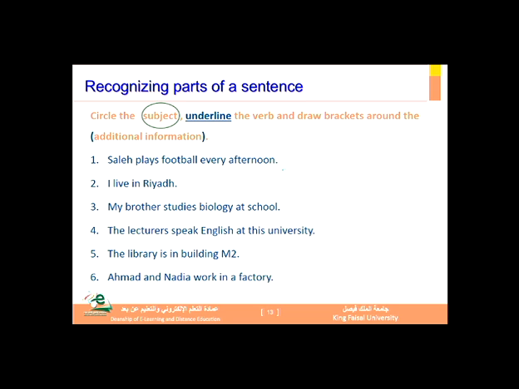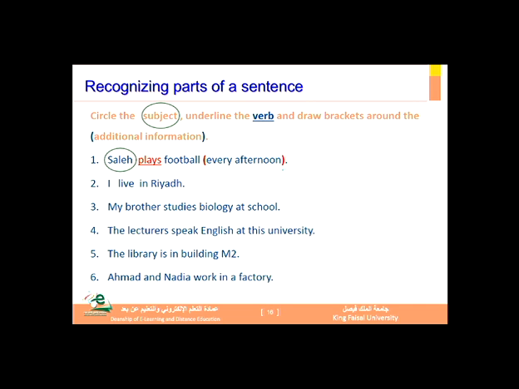Starting with the first sentence again, Saleh is the subject, plays is the verb, and every afternoon is the additional information. So we circled the subject, we underlined the verb, and we put brackets around the additional information.